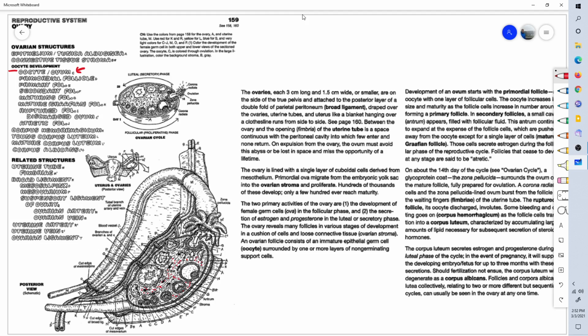This lesson is about how the ovary functions to create and to release those ova once a month into the uterine tube.